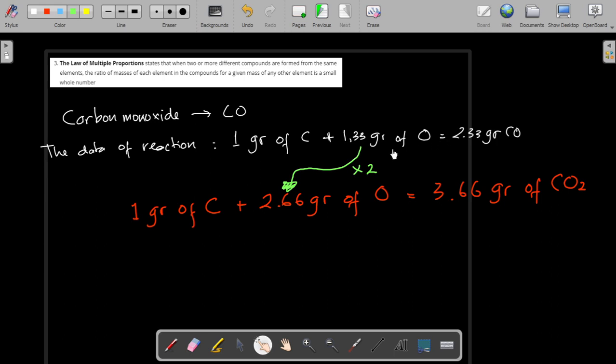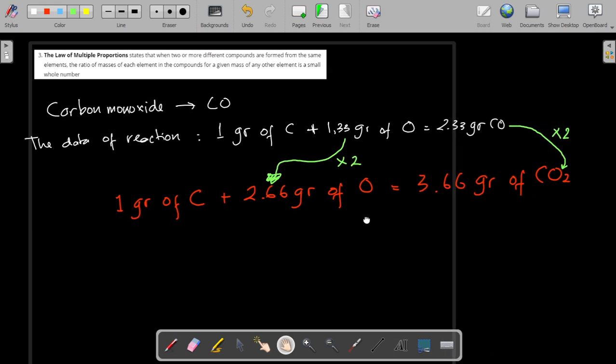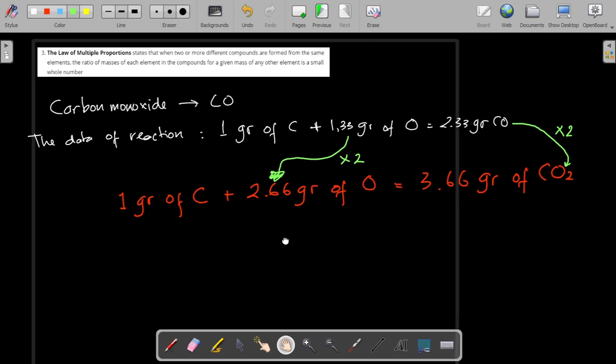If we have only 1.33 gram of oxygen, then we can only get CO. But if we multiply the proportion of O by 2, so 1 gram of C plus 2.66 gram of O, we can get CO2 or carbon dioxide. So this is for the law of multiple proportion.